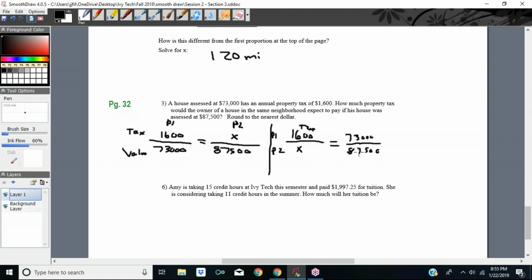So either of those will be fine, as long as the 1,600 and the 87,500 are across from each other, and then we're dividing by 73,000. And when we do that, we get $1,917.81. And usually with taxes, everything is rounded to the nearest dollar. Like if you ever do your taxes, everything rounds to the nearest dollar, so $1,918.